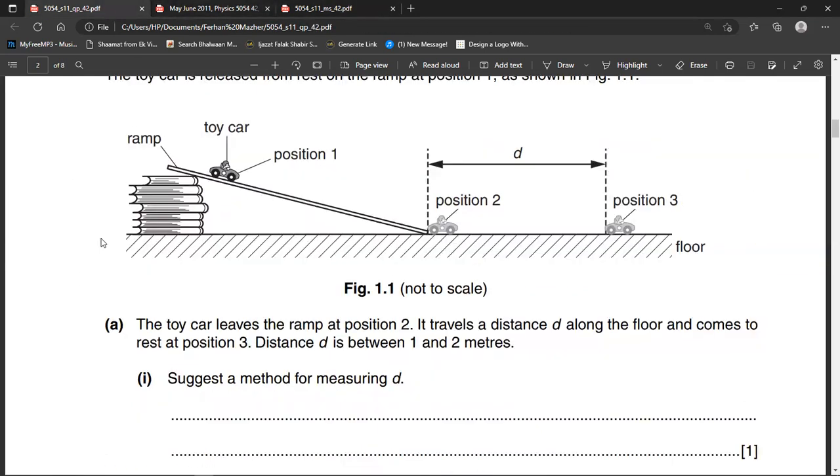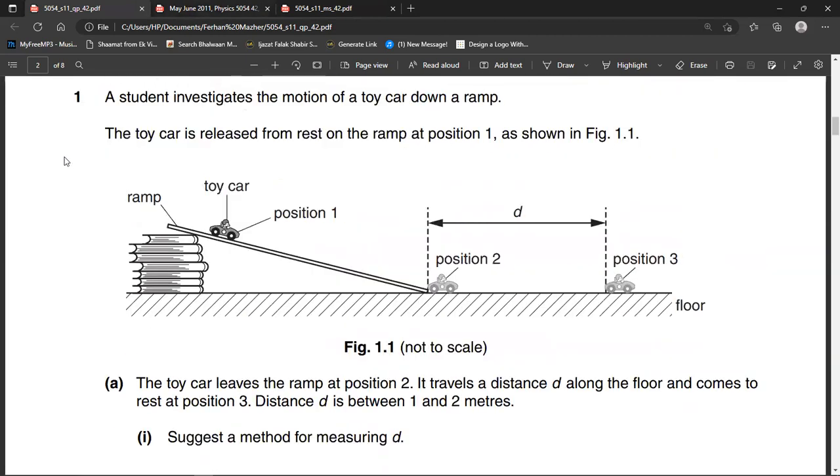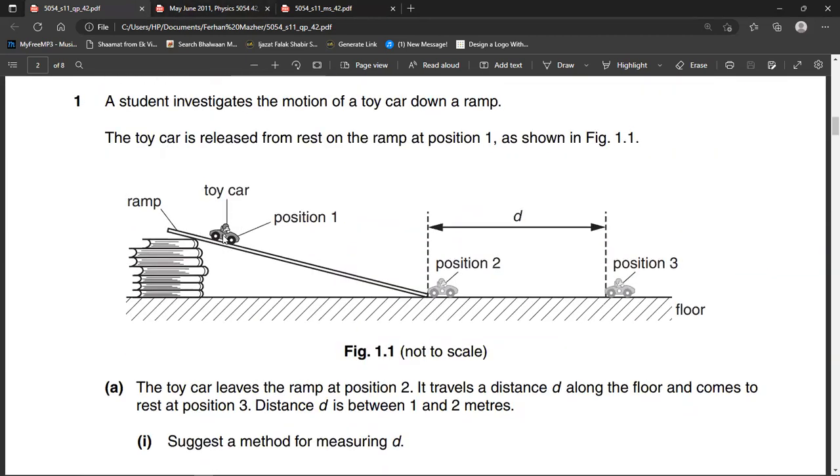Okay, so the next question they asked: describe how the student ensures that the toy car is released from the same point on the ramp each time. So for example, on this ramp where its front wheels are, with the help of a marker or a spray paint, make a mark on the ramp.